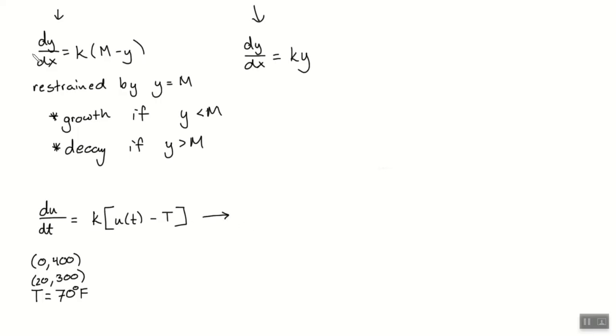I'm going to start working this way, and I'll switch to this crimson color. So we get du over u of t minus T, and capital and lowercase are super duper important, don't switch them, equals what? k dt.